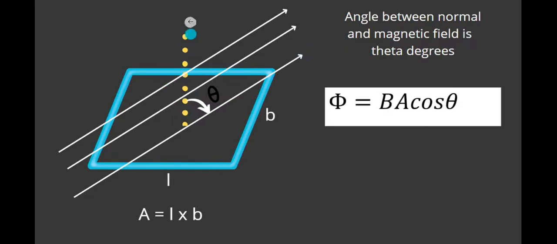And now you check, okay, my normal is still here, because it is at a 90-degree angle to this wire loop. And then you find that the angle between the magnetic field and the normal is just theta. Sometimes maybe it will be 30 degrees or 10 degrees, and then you just substitute it here and calculate, right? I hope that is clear.